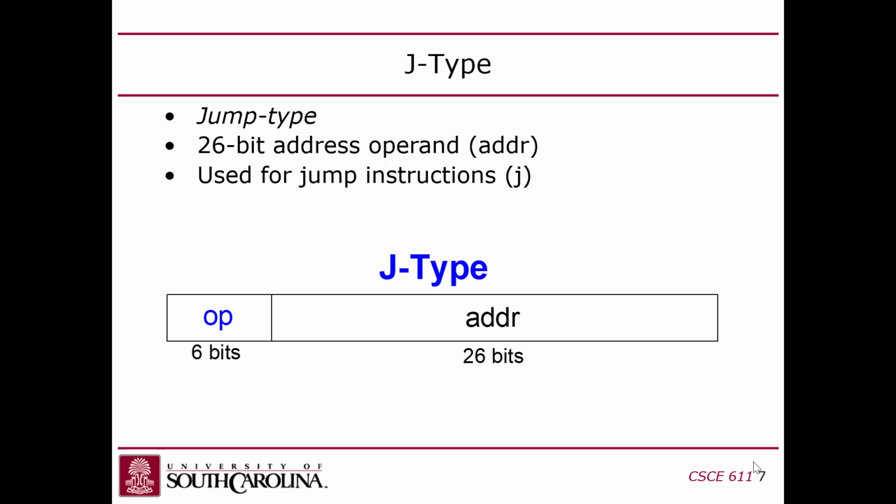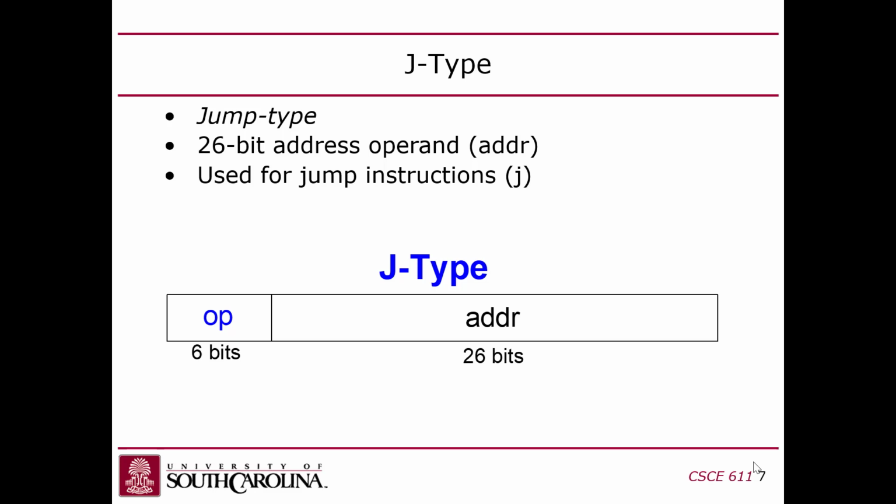As a result, we can put the whole target address in this field. So if you have a jump instruction, you can take the whole address you want to jump to and just stick it in this field. You don't have to worry about reconciling the 26-bit limitation with your actual address space, which might be more than that. In this class, we'll have a smaller address space. You guys with me?